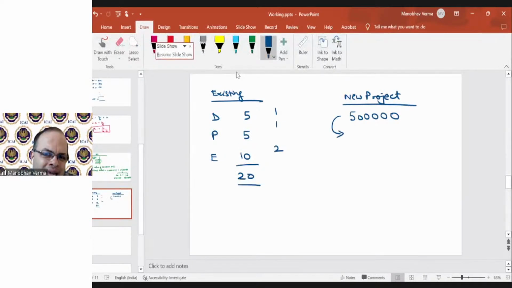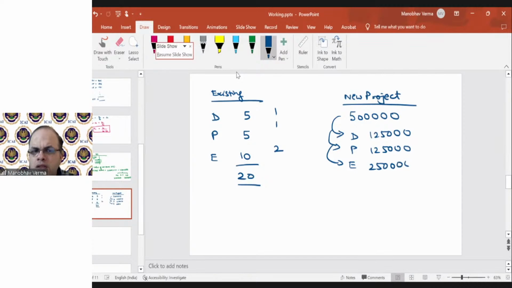If the same proportion needs to be maintained, they might go for debt of 125, preference of 125, and equity of 250, guys. Everyone with me on this?